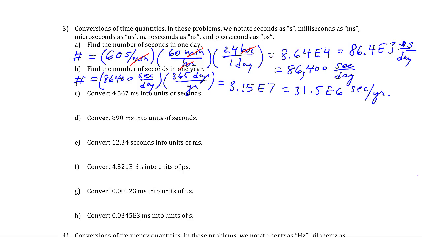So it's 31 megaseconds, if you want to call 10 to the 6th seconds a megasecond. We don't usually do that, but we could. So it's 31 million seconds.